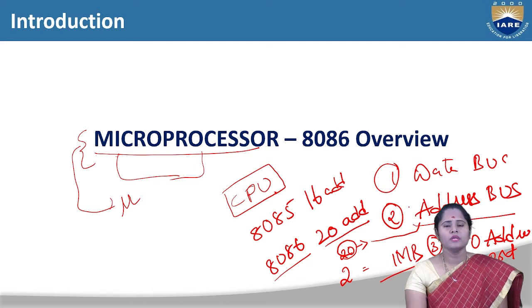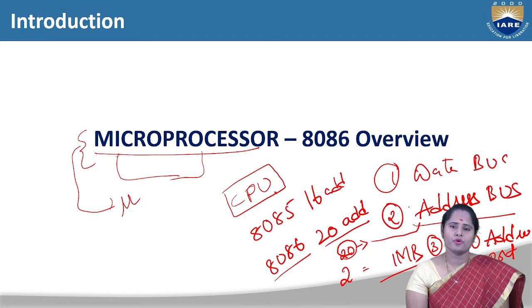That is also a characteristic of a microprocessor. So these are the three characteristics: the width of the data bus, the width of the address bus, and the IO addressing ports.